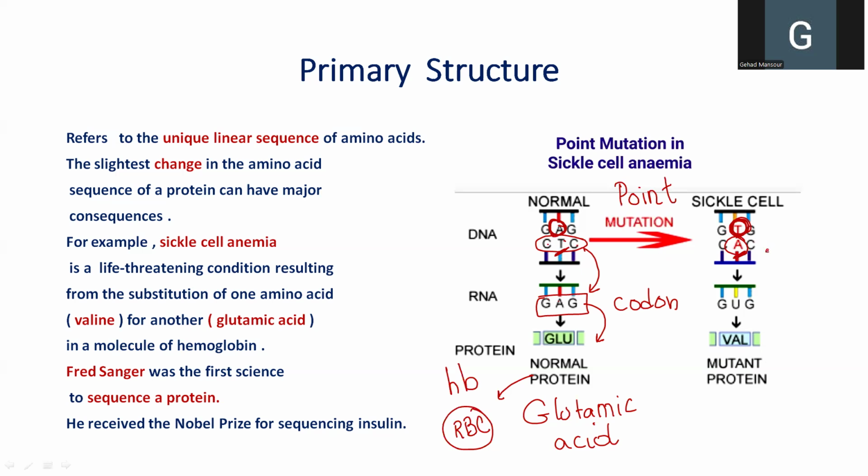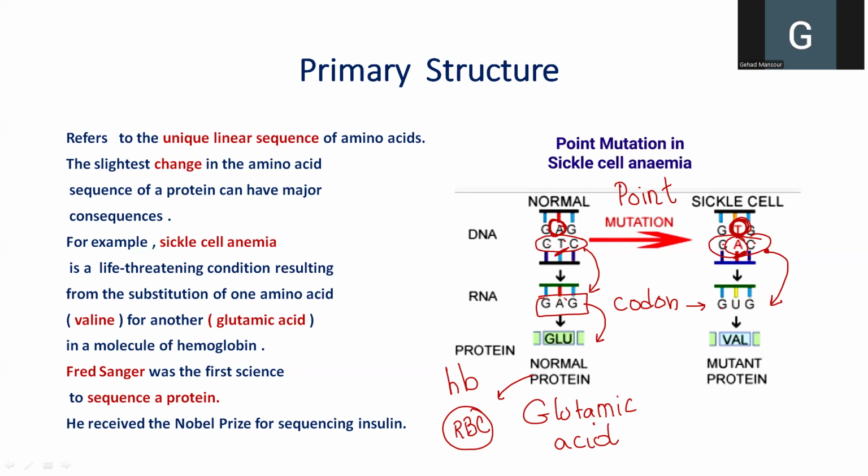That results in a difference in transcription, because when you use this sequence, which is CAC, and transcribe it into a codon on RNA, you will have a mutated codon, which has GUG instead of GAG.